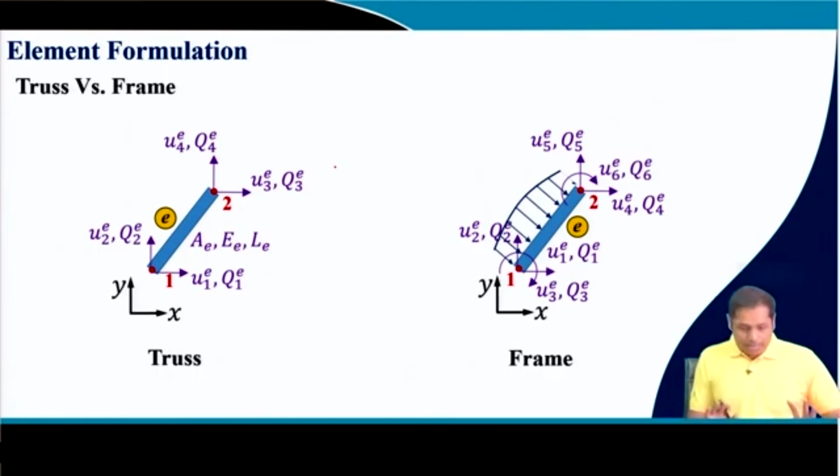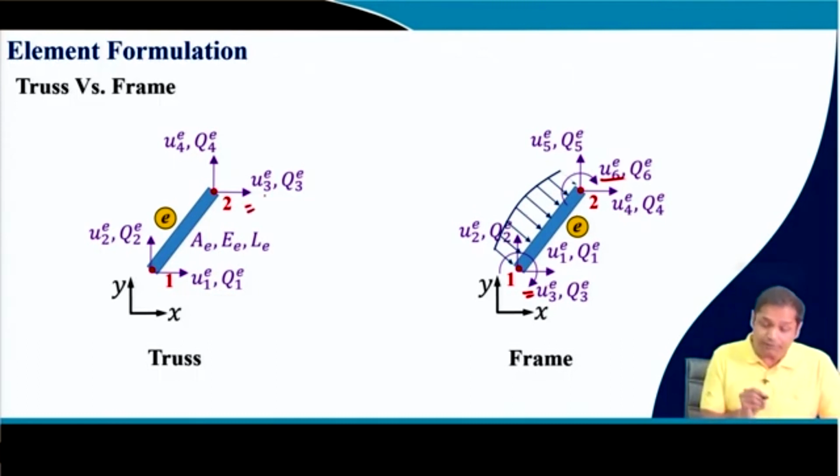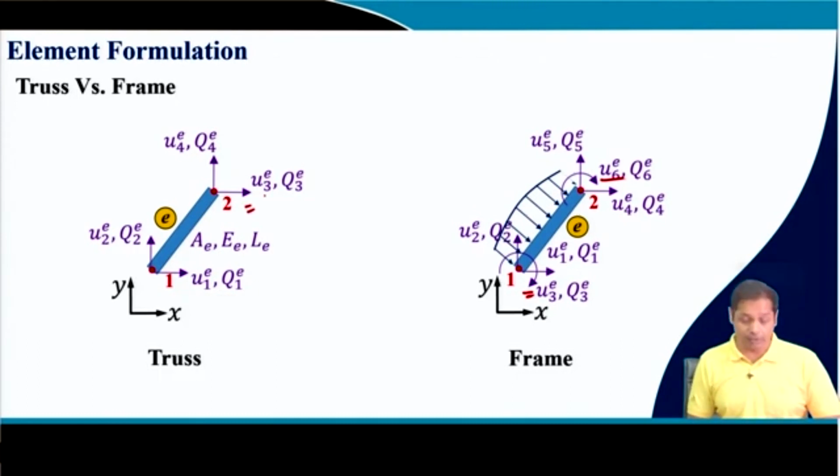This is the comparison of truss and frame element. The only difference is that you do not have the rotation degrees of freedom at the ends in the truss element, so the truss is essentially a special case of frame when we remove these degrees of freedom.